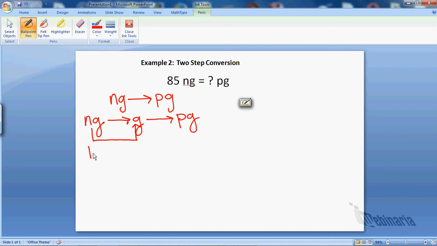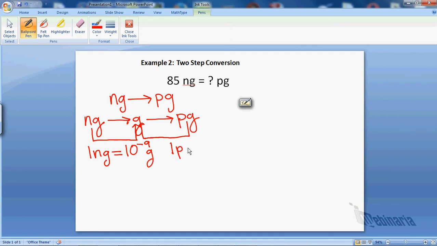As I've always been saying, we put 1 with the prefix nano, and it equals its prefixed equivalency. Nano means 10 to the minus 9, and that's going to be grams. So our second step is to make a relationship between pico and grams.